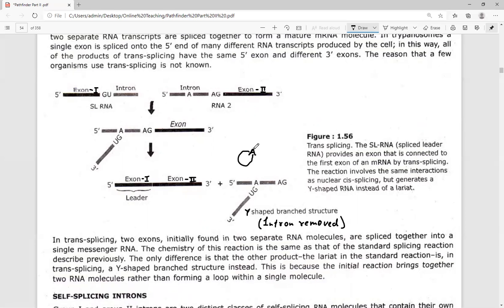That lariat type structure was spliced off in the case of group II introns, and in the case of spliceosome mediated intron splicing.